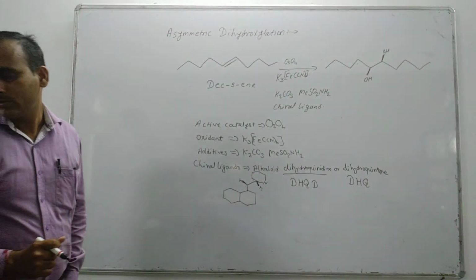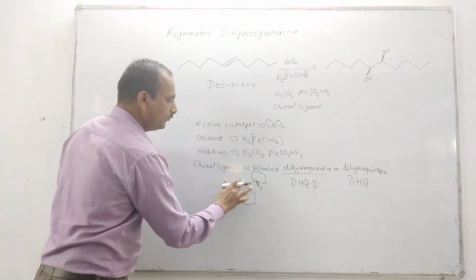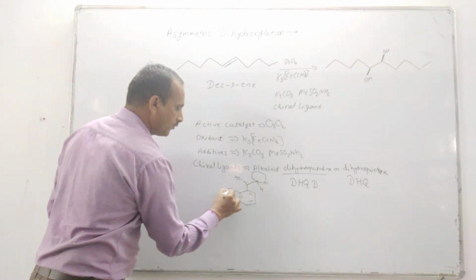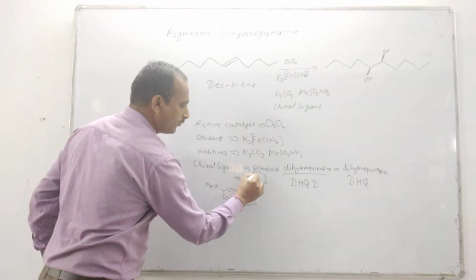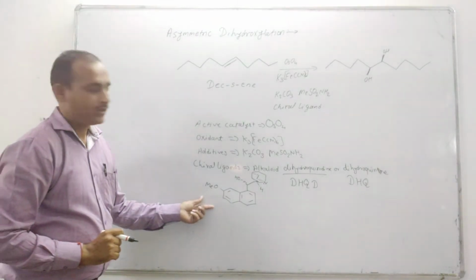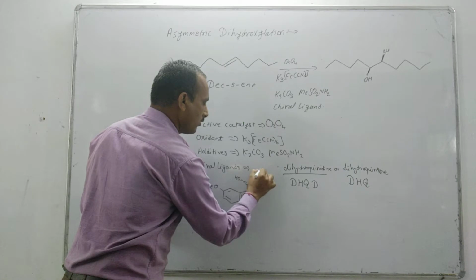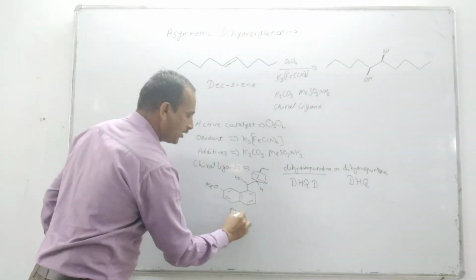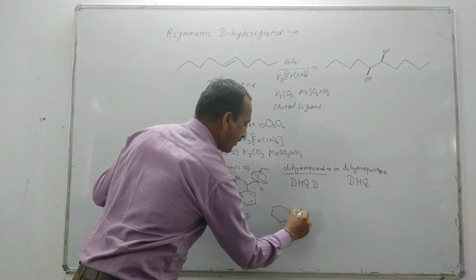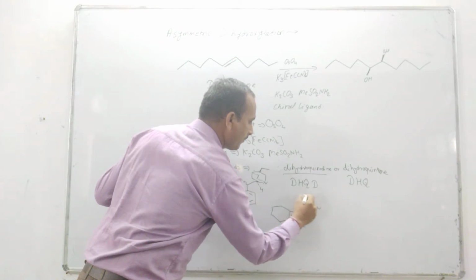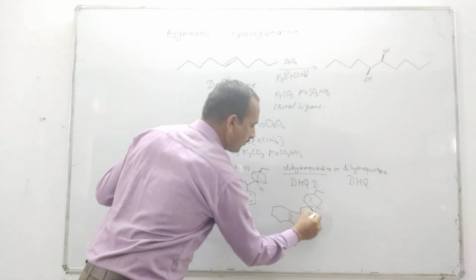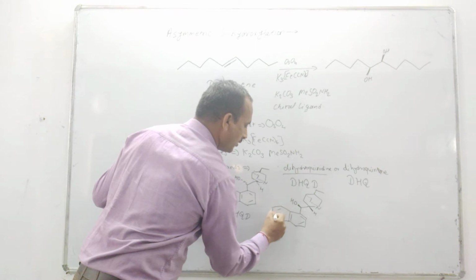Then here is OH. Here is H, OMe. So this is the structure of, here is CH2, DHQD, and HOH, OMe.